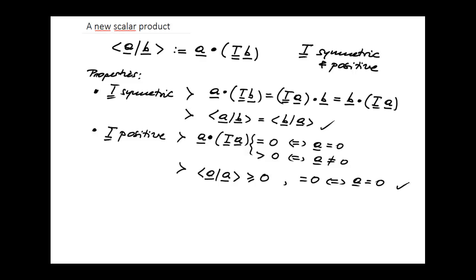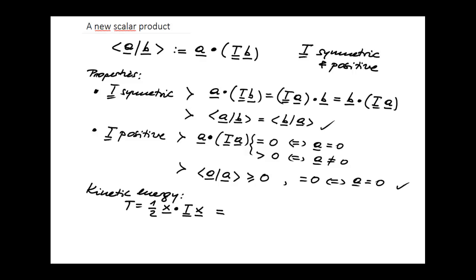With this scalar product, we can write the kinetic energy and the potential energy in an even more compact form. The kinetic energy could be written in terms of the ordinary scalar product as 1/2 the deviation vector x dot, ordinary scalar product with T x dot.